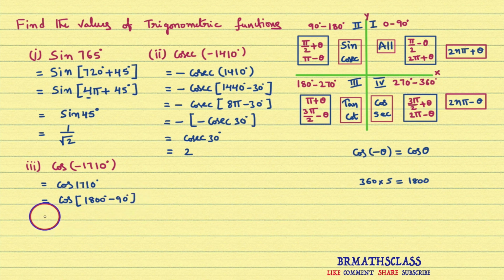Okay, that equals cos of 1800. Look here, 360 means 2 pi. 2 pi into 5 is 1800 degrees, right? So this is 10 pi. 1800 degrees can be written as 10 pi. So this is 10 pi minus 90 degrees.